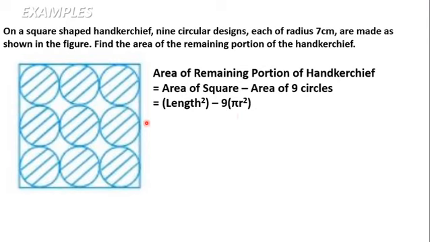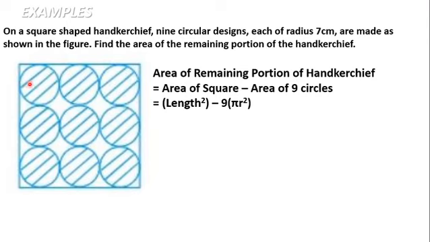Now, for us to be able to find the length of this handkerchief, we have to notice one important fact that the question told us. It says that the radius of each circle is 7 centimeters.